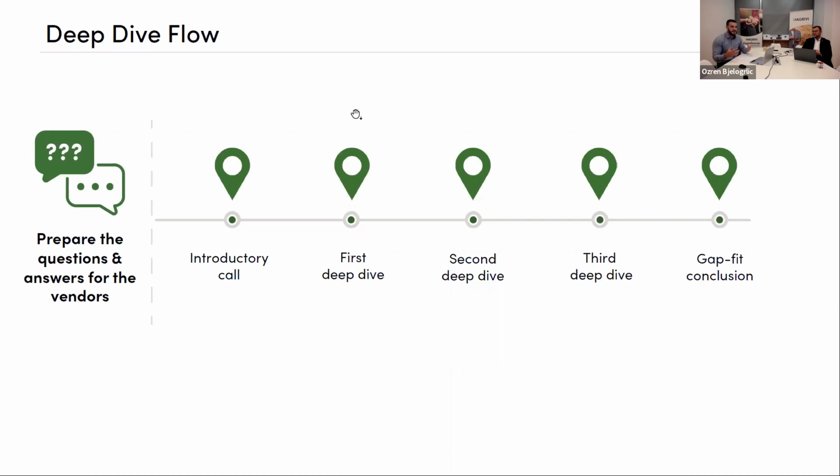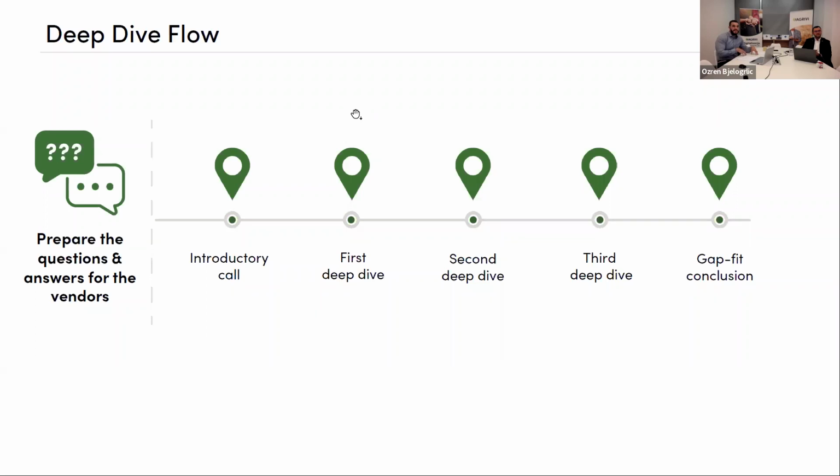But the general question could be how long they've been on the market, what is their ownership structure, what is their footprint in different markets, how do they do the implementation, do they have on-site, all of these general questions, the number of employees, and maybe some financial aspects of their business.